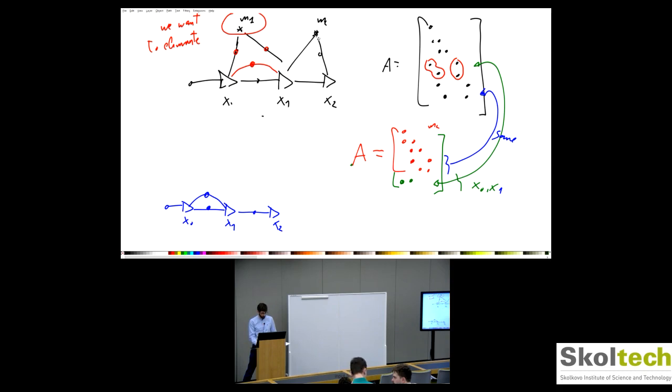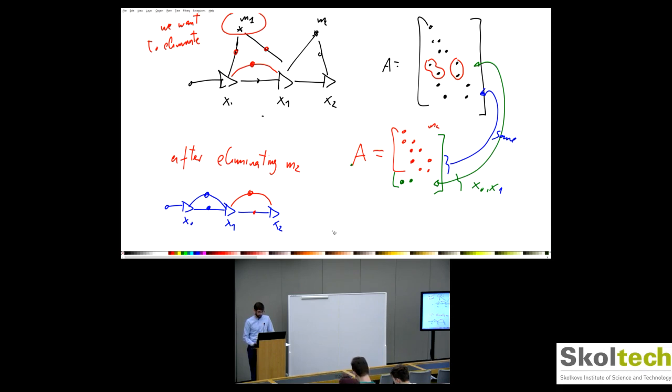Okay, so in this case, we have kind of the same thing after eliminating. You have another example in your notes with more landmarks, but the idea is the same.